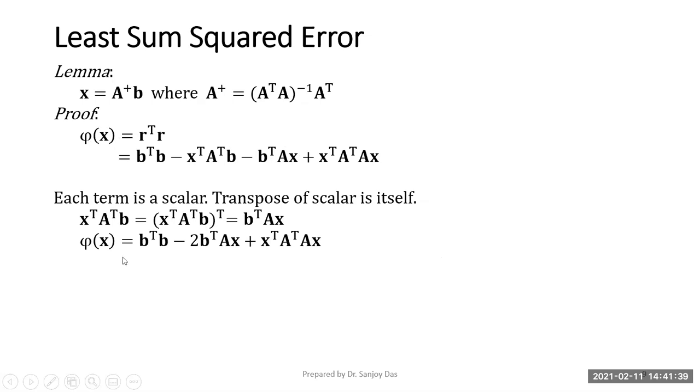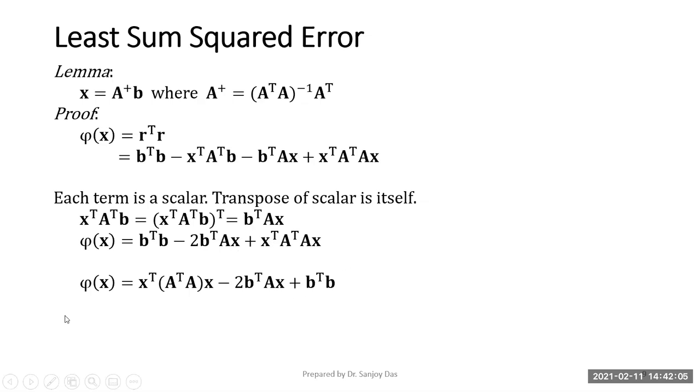So phi of x is B transpose B minus, this is equal to this, so 2 times the third term here. So minus 2 B transpose AX. Then the last term is the quadratic X transpose AX. Now, so this is what I have.